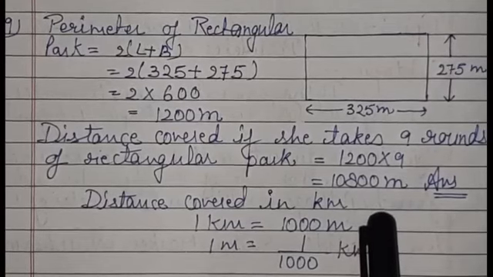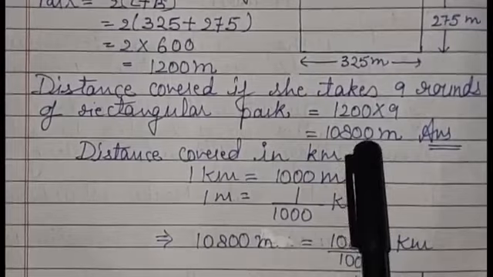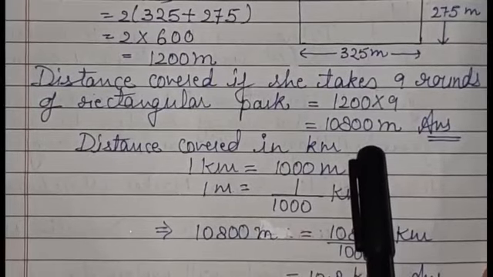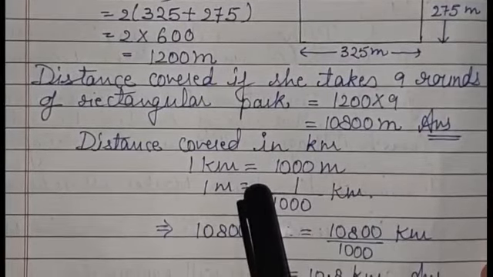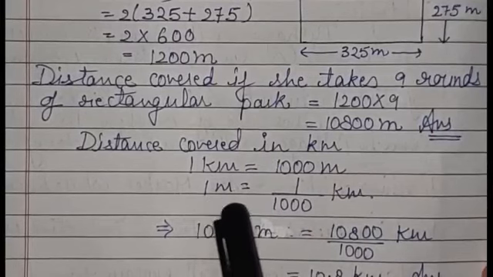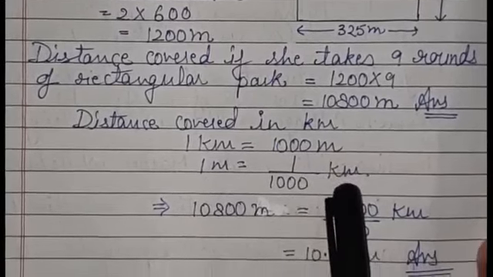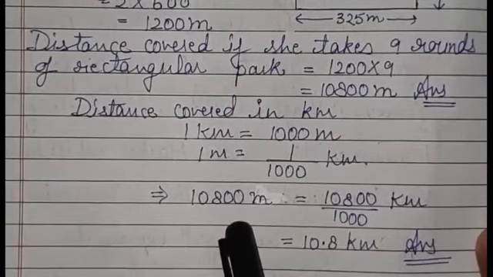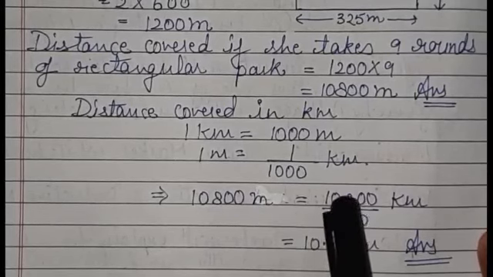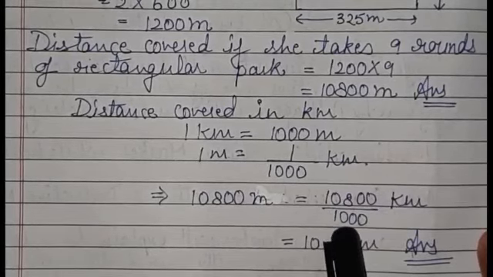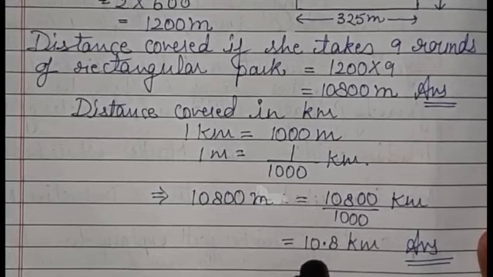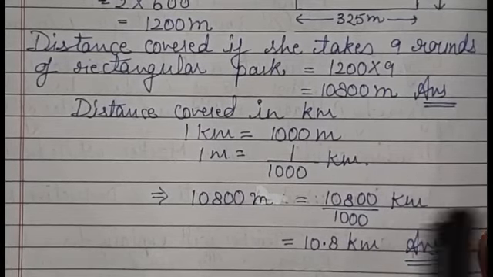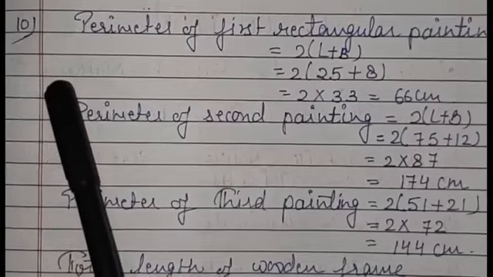Now we have to convert this distance in kilometer. So we know that 1 meter is equal to 1 upon 1000 kilometers. So 10,800 meter is equal to 10,800 upon 1000, that is 10.8 kilometers.